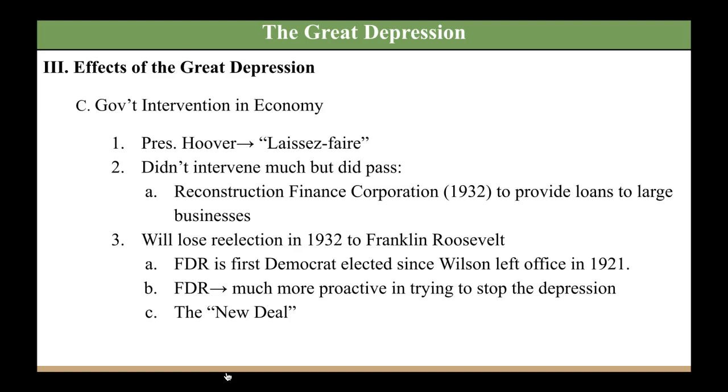So, not only do we have things like government intervention and a new president being elected. Again, sorry about this. This should be B. But another effect of the Great Depression is going to be unemployment. Obviously, as banks fail and as companies fail, people are not going to have jobs. And so we're going to see the unemployment rate in 1933 soar to 25%.